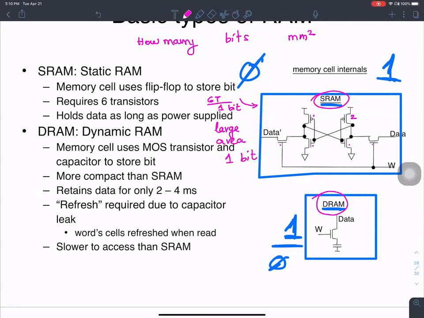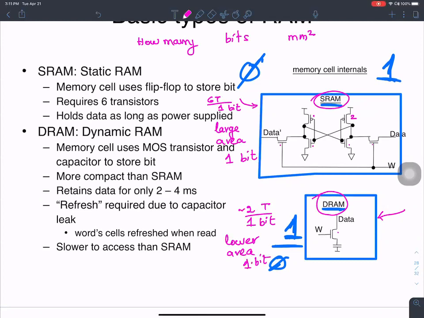Now look at this guy, the DRAM. The DRAM is using 1 MOSFET and 1 capacitor, so mostly in the order of 2 transistors to hold 1 bit of data. So it must be using a lower amount of area to store 1 bit of information.